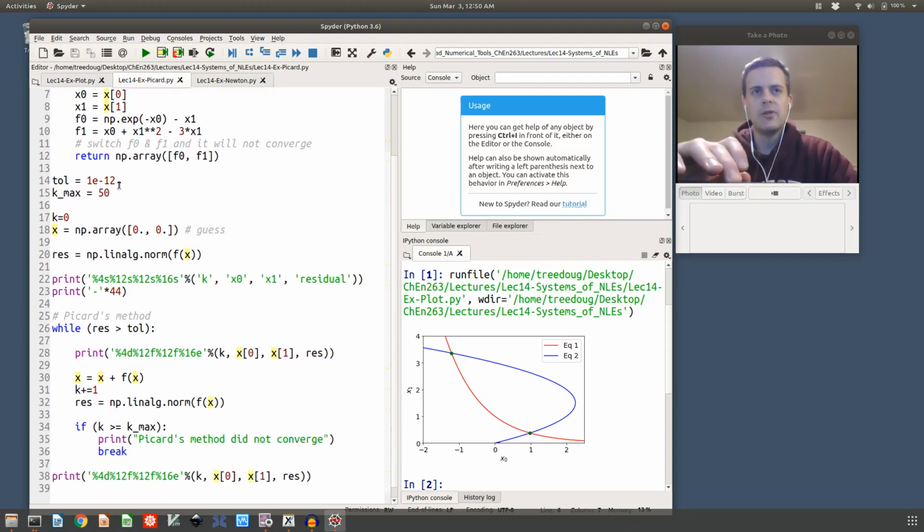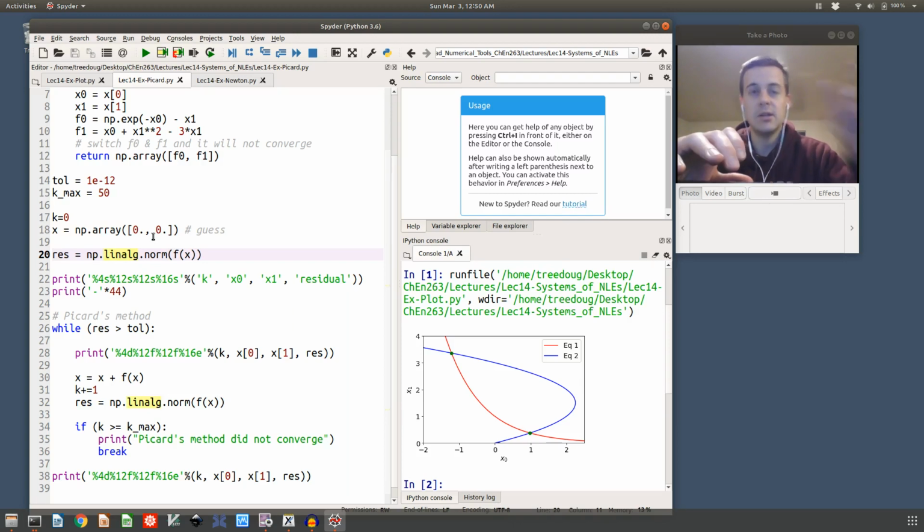So now I have my tolerance and Kmax. The tolerance is how accurate I'm going to solve it to. Kmax is the maximum number of iterations I'm going to let the fixed point method go. Now I have k equals 0 is where I start out, and I start out with some guess. Alright, and I calculate the residual by evaluating f at x.